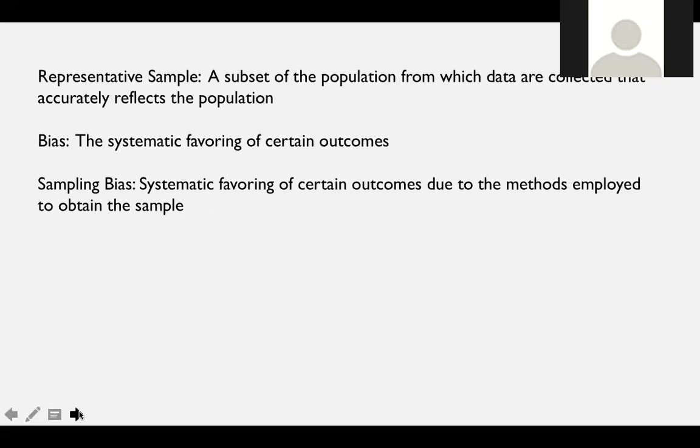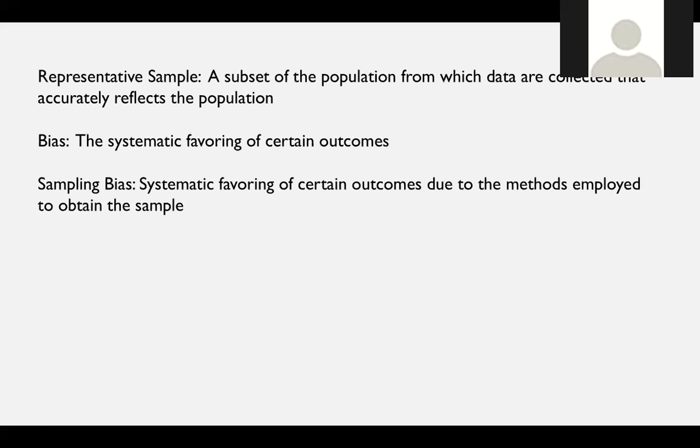So sampling bias. A representative sample is what we want. It is a subset of the population from which data are collected that accurately reflects the population. So you know that this is representative of the population that you're trying to make a conclusion about.